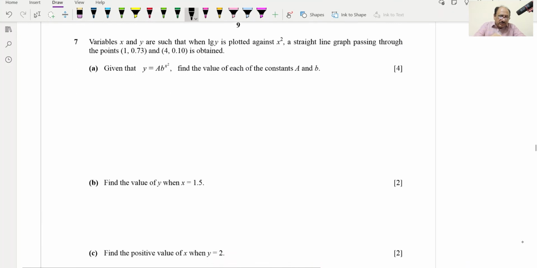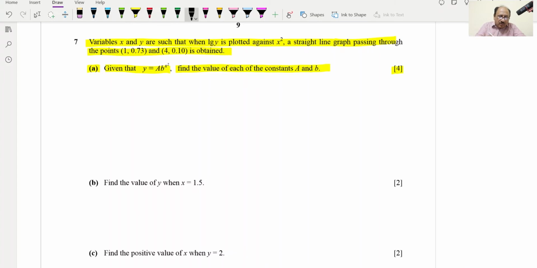Now question number 7. Question 7 says variables x and y are such that when log y is plotted against x squared, a straight line graph passes through the given point and is obtained. A part, given that y is equal to a b raised to x squared, find the value of each of the constants a and b, and this is a 4 marks part, which we will be doing.